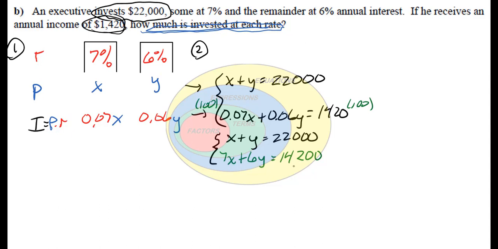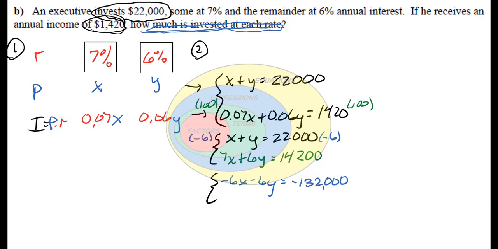So now I want to choose to solve this system, and I'm going to use elimination. So again, I'm going to adjust the top equation. If I multiply the top equation by -6 on both sides and rewrite my system, the top equation becomes -6x minus 6y equals -6 times 22,000, which is -132,000.